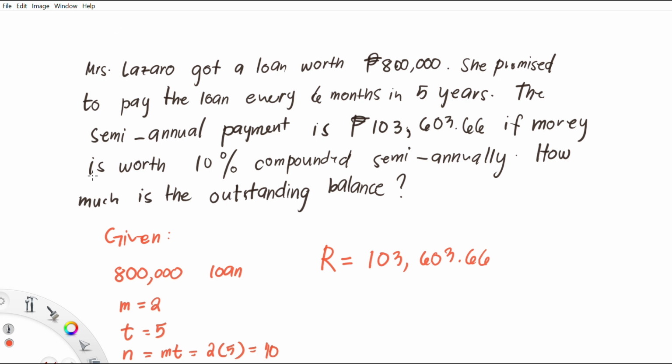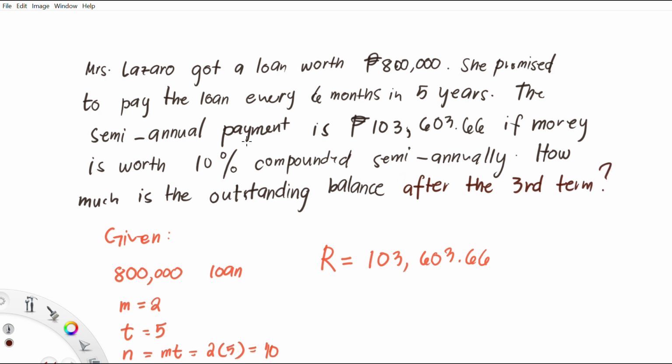So I have to add a sentence here. I think I forgot, it just slipped my mind. We have how much is the outstanding balance after the third term.